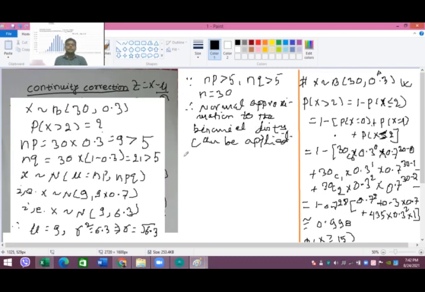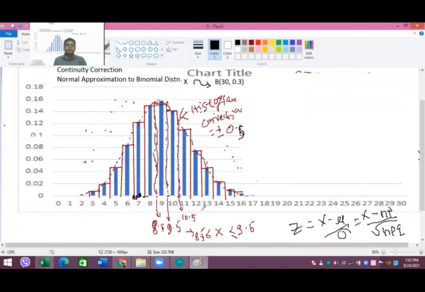In this case, what you need to find is the probability of x bigger than 2. Previously it was the probability of x equal to 7, with an equal sign; now we have a bigger than sign. Let's see what happens. Take the example of the probability of x bigger than 7.